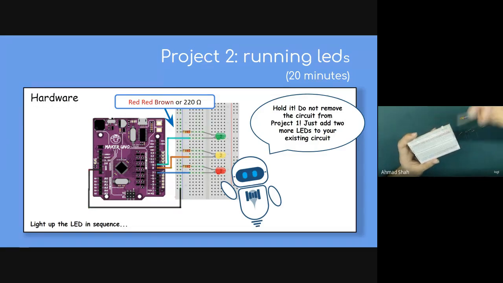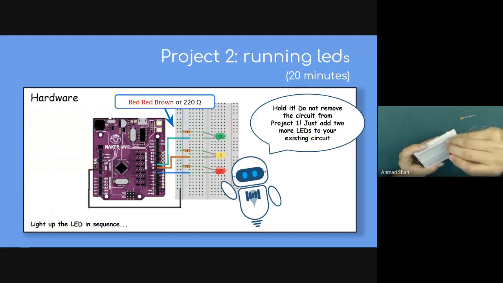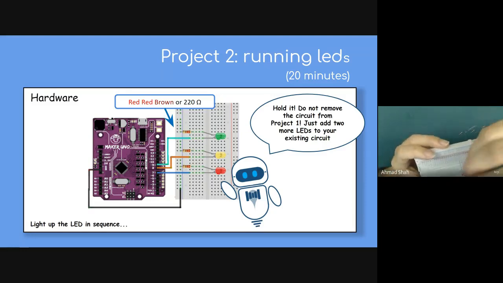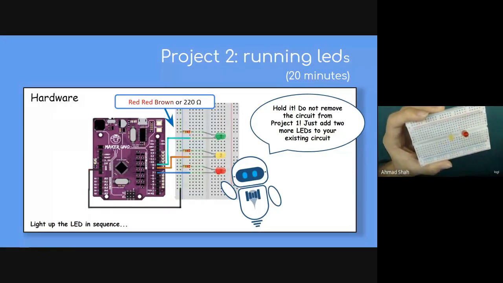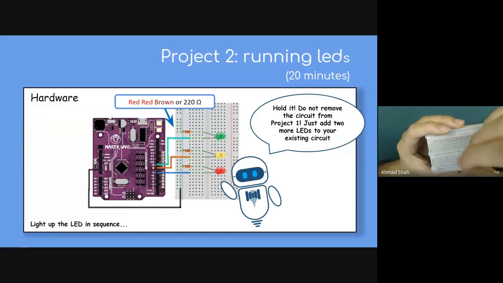When you connect, you also need to remember which number is positive and which is negative. I will connect at 20 and 21. We believe you already know how to detect the negative and positive terminal of the LED. Then my yellow is 15 and 16. Then my green LED is 10 and 11.